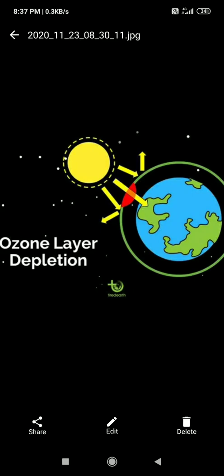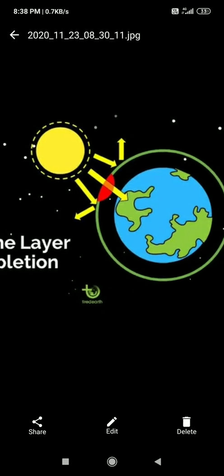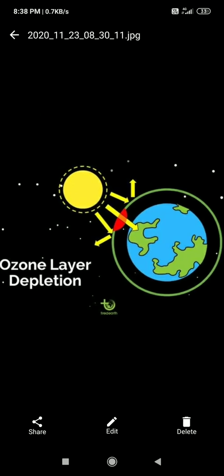It is the gap formed in the ozone layer, right or not? Some gaps are forming on the ozone layer due to depletion, means the ozone layer is slowly disappearing due to the large release of some chemical substances like chlorofluorocarbon, right or not?